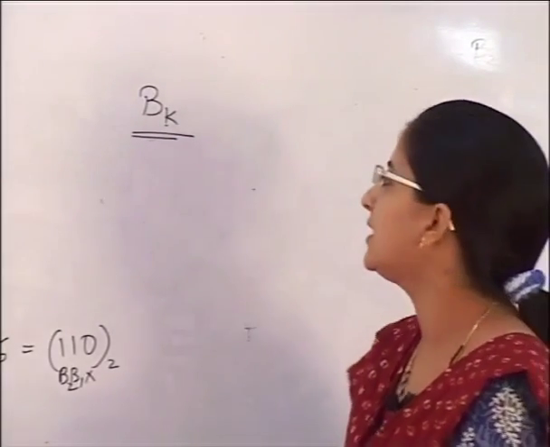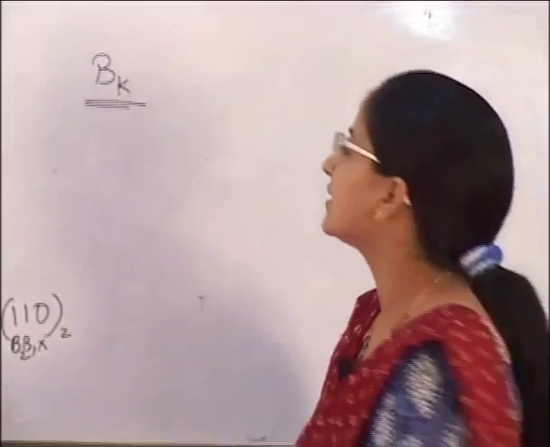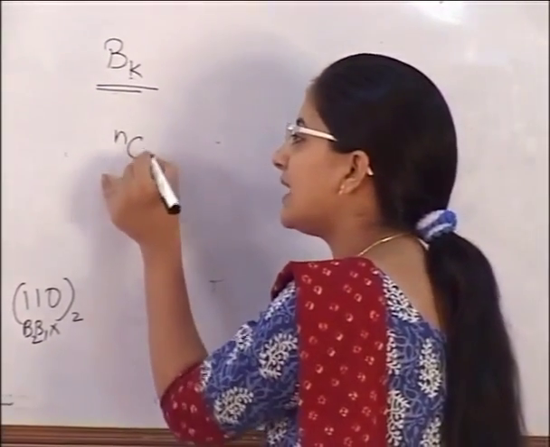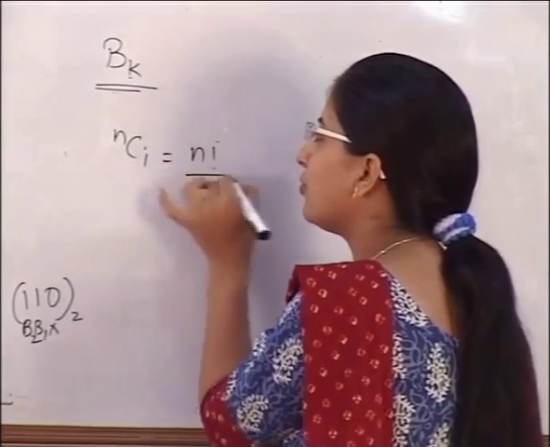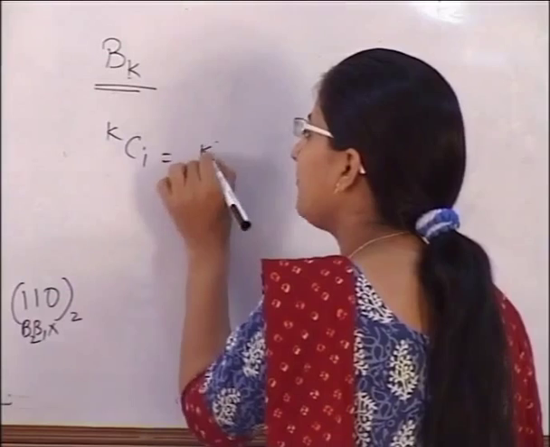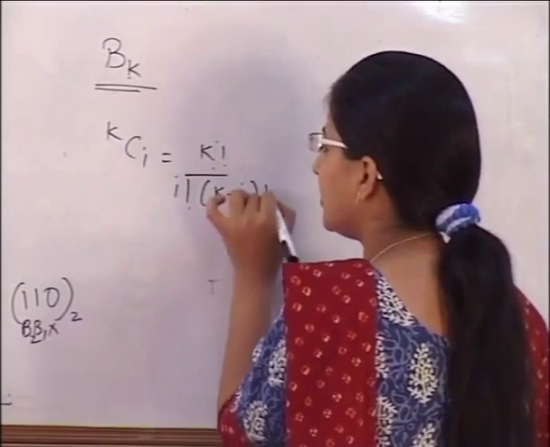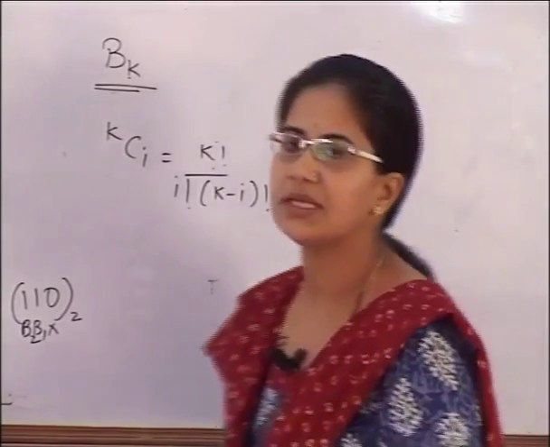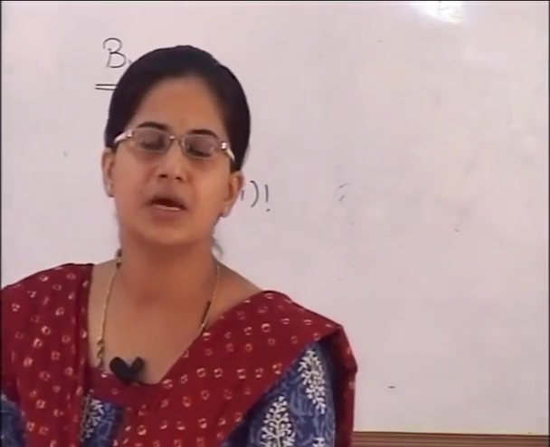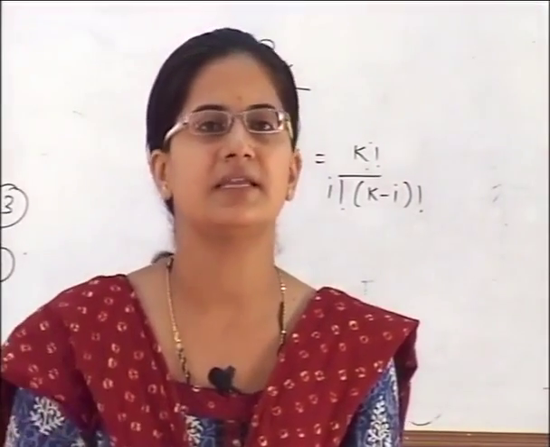The fourth property, the number of nodes present at a particular level i is calculated by the formula kCi, that is k factorial divided by i factorial, k minus i factorial. And the last property, every binomial tree is a composition of 2 binomial trees of order 1 less than it.